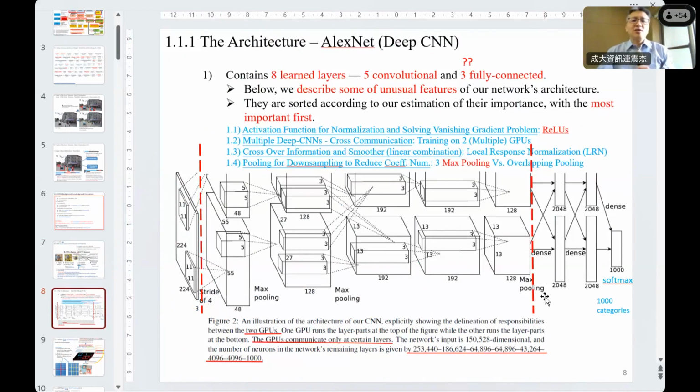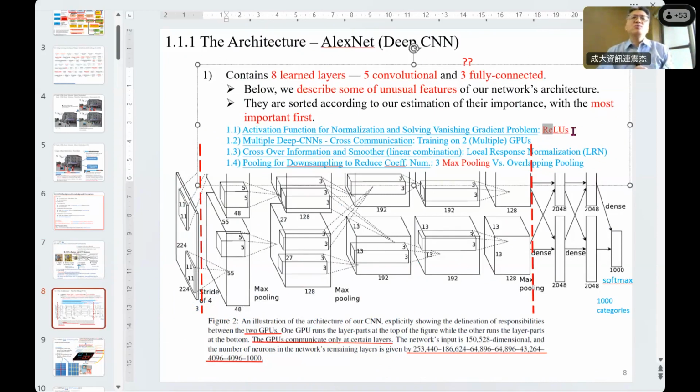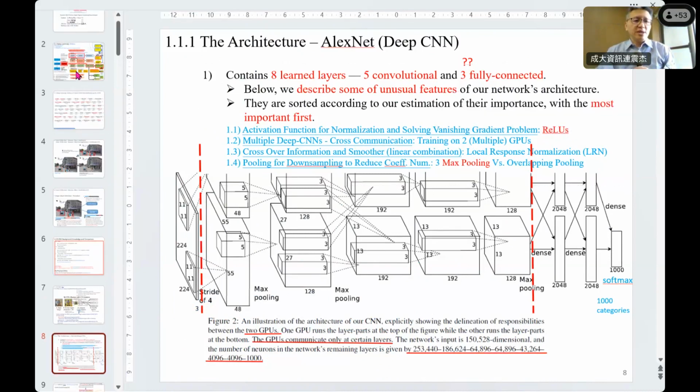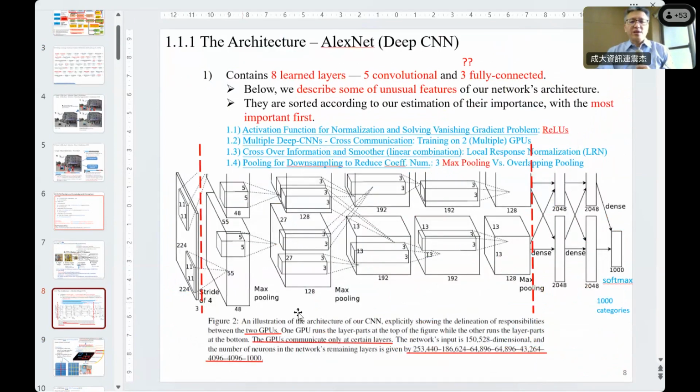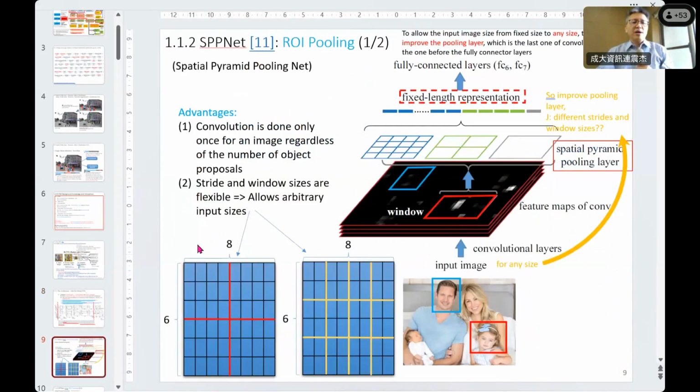The advantage of AlexNet is that they started to use ReLU, while the earlier net used sigmoid but had only two layers. AlexNet has five convolutions, is a little bit deeper, and uses max pooling, but only has three downsamplings.